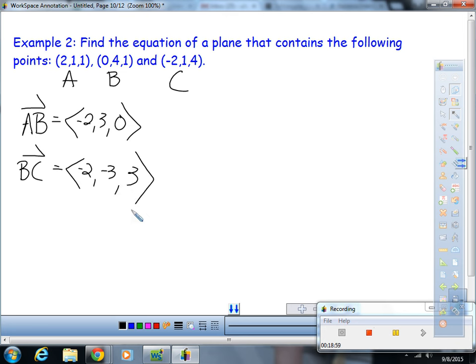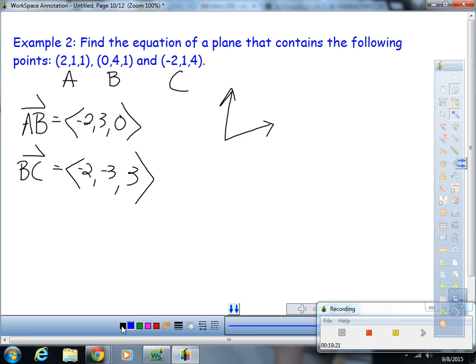So we know that AB and BC are both in this plane. We got 2 vectors in this plane, okay?